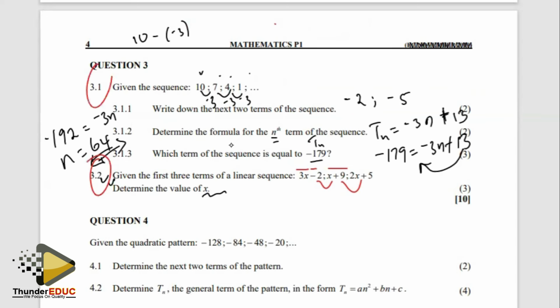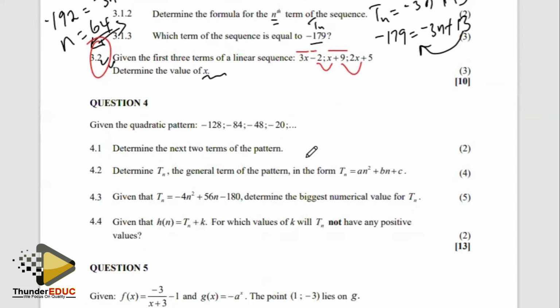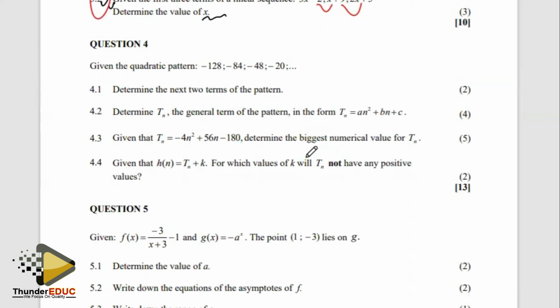All right. Then question number 4, we have the quadratic. What we need to know about the quadratic is that we have 2 differences, the first difference and the second difference, which must be constant.